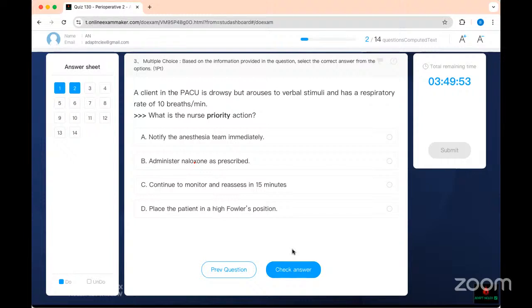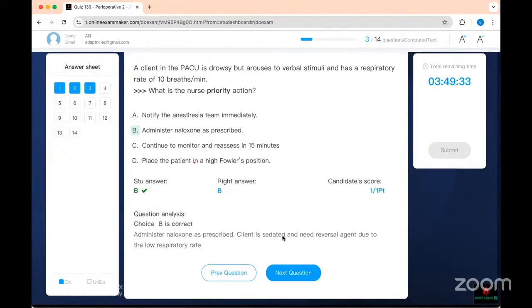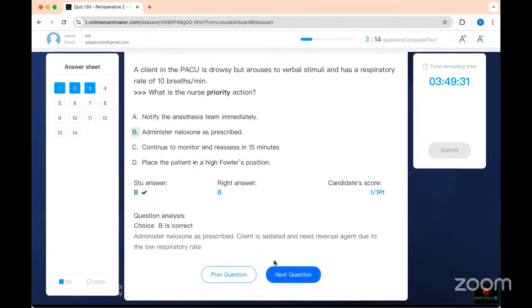I never gave you saturation, right? If saturation is going down, okay, fine. But I told you it's respiratory rate. His respiratory rate is going down because he's drowsy and still sedated. The first thing you can do, take away the sedation. And so we give them naloxone as opiate, right? So the client is sedated and we need a reversal agent.